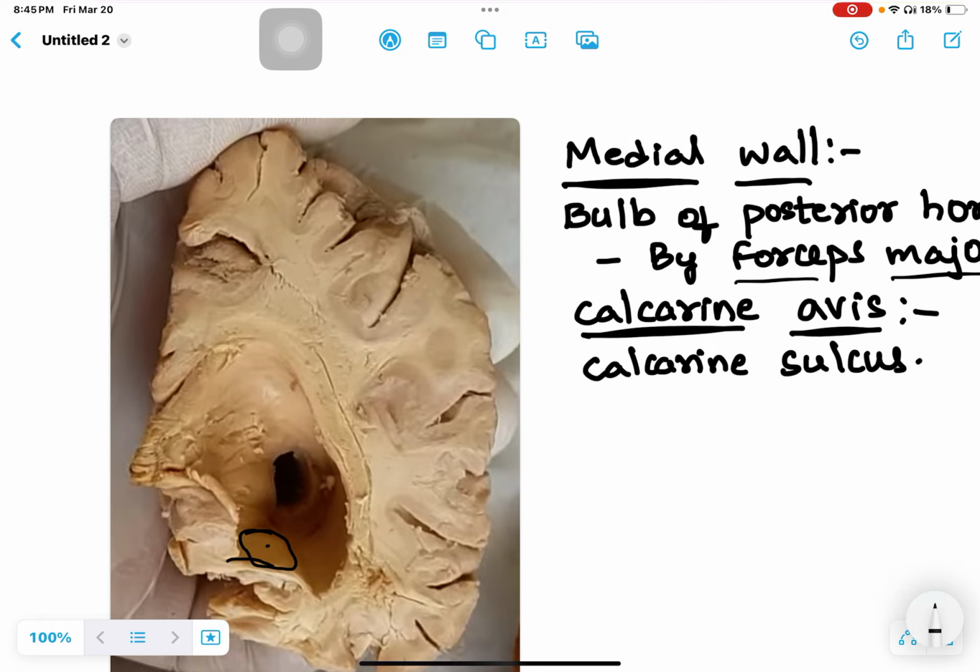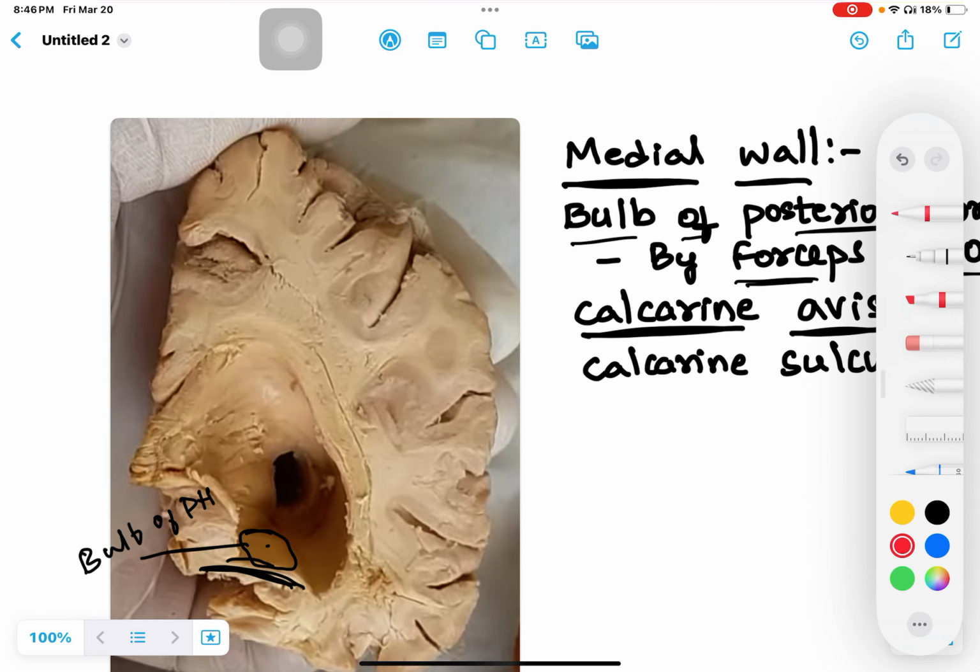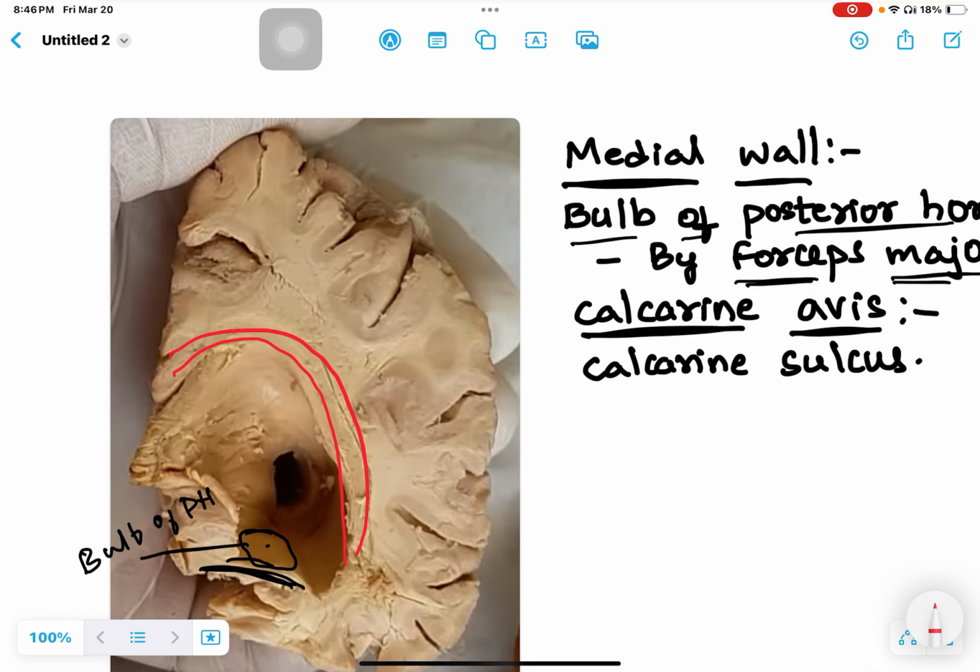This is called the bulb of the posterior horn, formed by the forceps major fibers. So these are the forceps major fibers and these are the tapetal fibers.